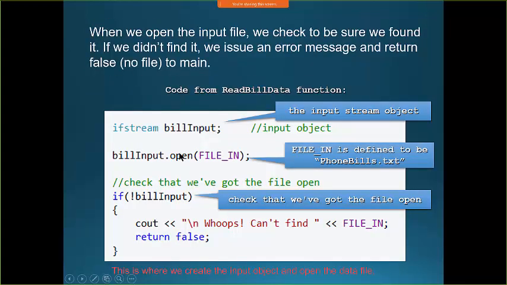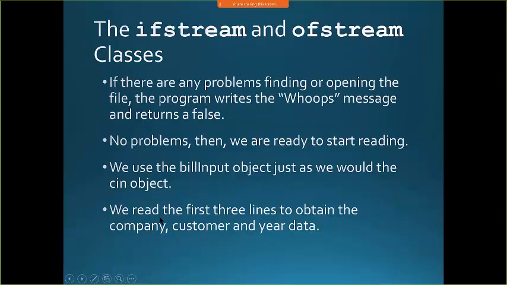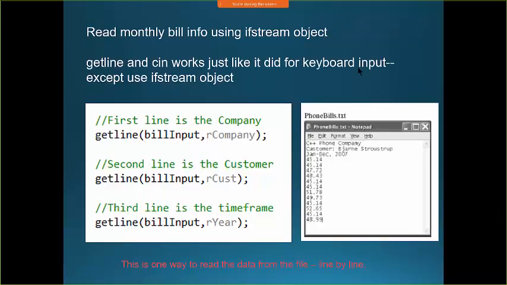So we open the file, we check to make sure the file is open, and then after that, the first three lines we want to read are these first three lines here: C++ phone company, customer Bjarne Stroustrup, and then the date. And so we do three getlines. Rather than reading from cin, we're going to read from the file. Bill input is the file. And then we pass into the reference variables in that function these three lines here.